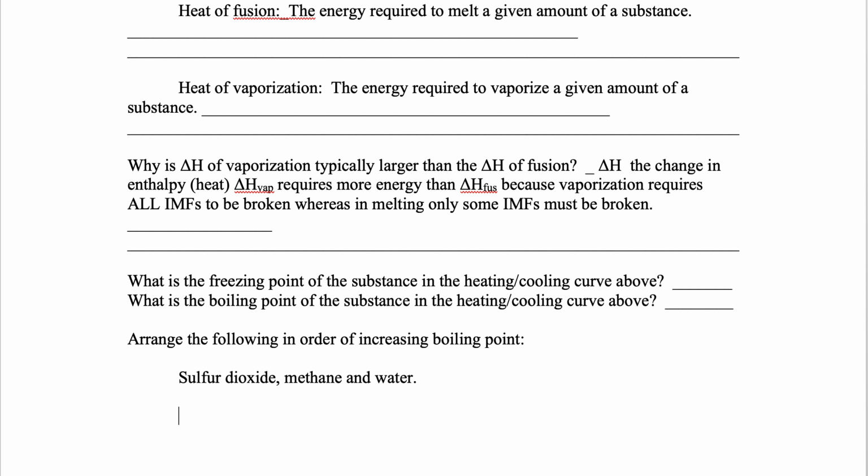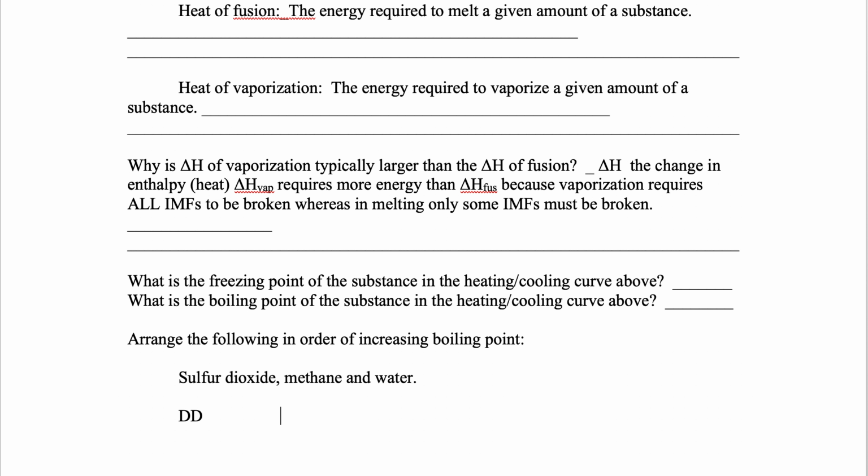So sulfur dioxide, SO2, that is sulfur in the middle, 2 oxygens on the outside of it with a lone pair on the sulfur, and a double bond to one of the oxygens and a single bond to the other. And so that is a bent molecule, and it has dipole-dipole interactions. Methane, on the other hand, is CH4.